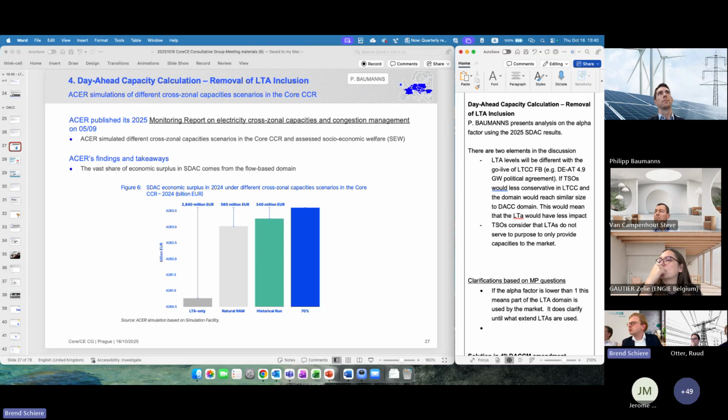Because here we're saying, if I give a certain domain which is very small, then this is my social welfare, and we have a big gap to the current situation. If I'm starting from the current situation and I just remove the LTA, are we talking about losing 1%, 5%, 10% of the welfare? It's not a big piece of work, is it?